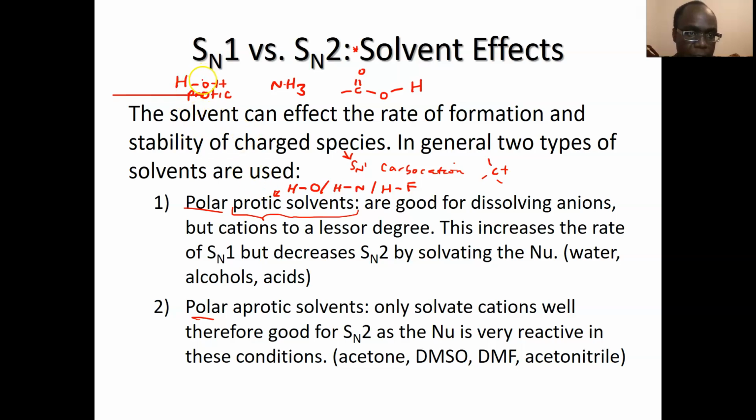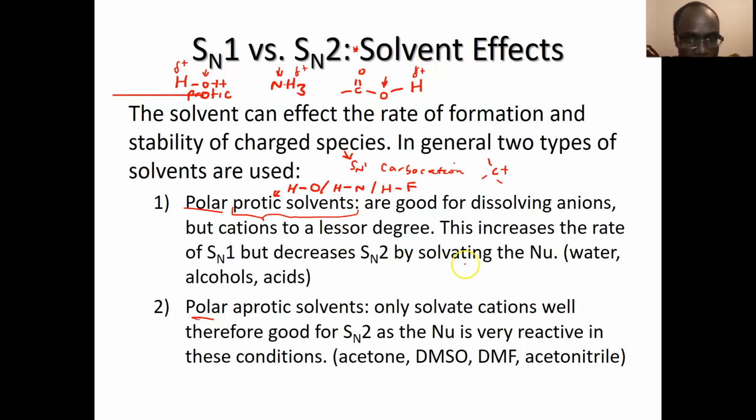They have the hydrogens bonded to these electronegative elements, oxygen and nitrogen. Those elements make the hydrogens acidic because they will be partially positive, and that's why these hydrogens are protic.